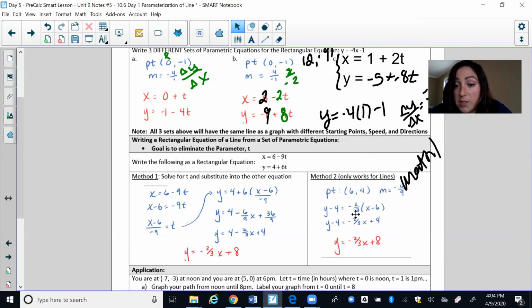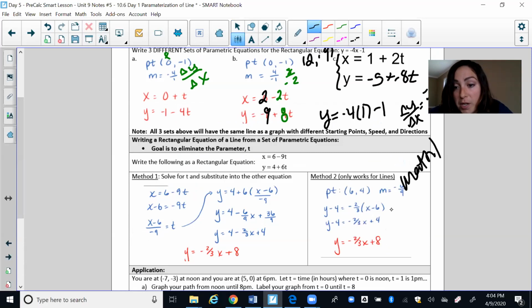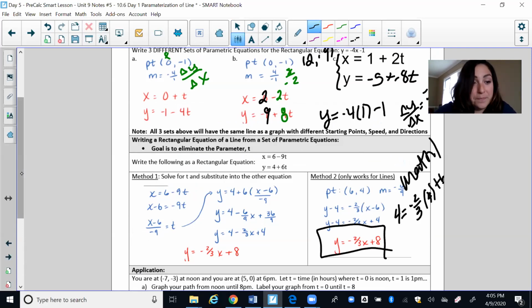Substitute it into point slope form and solve for y. Or you could substitute it into y equals mx plus b and solve for b that way. But either way, you end up with our equation.